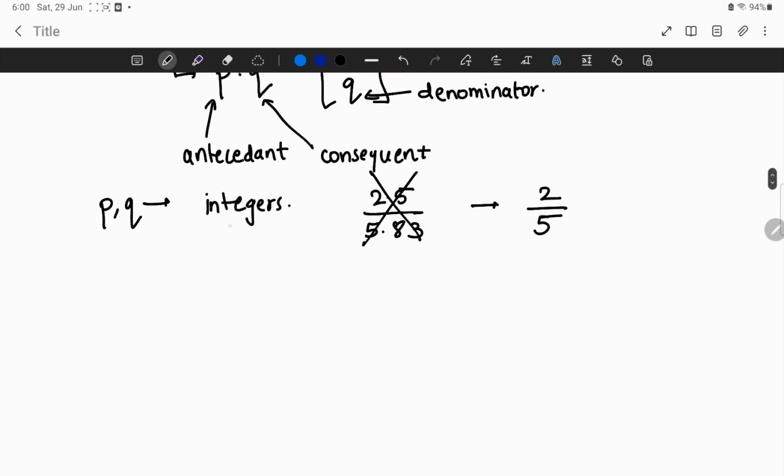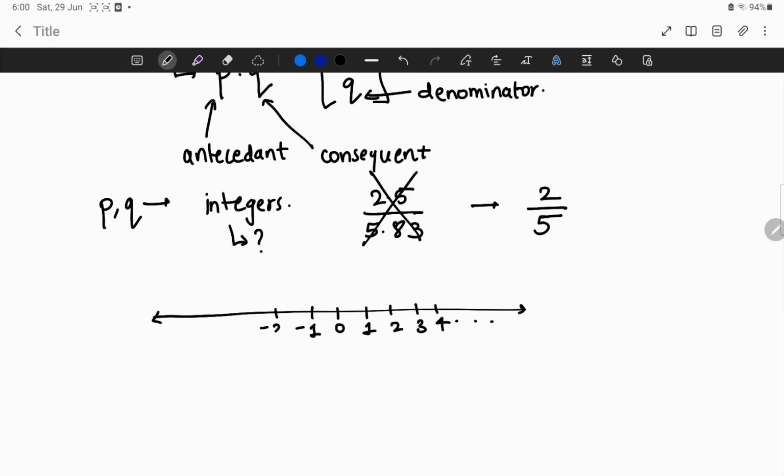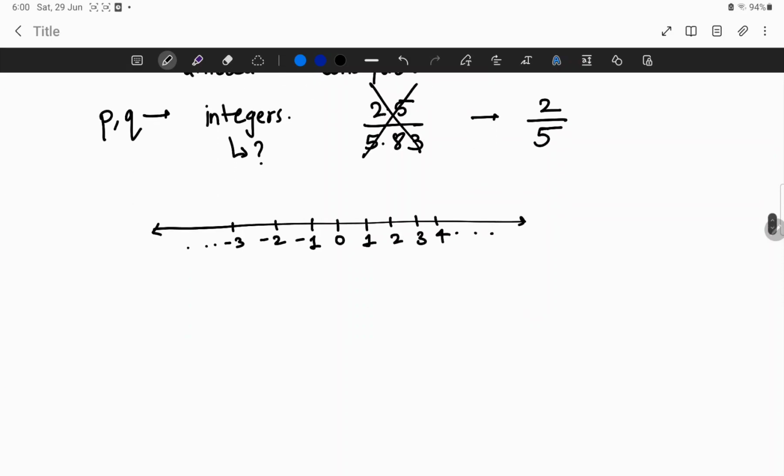So what exactly are integers? If this is your number line, this is 0, then you have your regular numbers, 1, 2, 3, 4, and so on, and then you move on to the negatives, which are -1, -2, -3, and so on. Similar to fractions, your ratio can be -3:5.